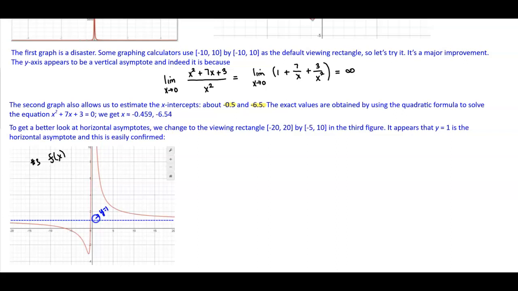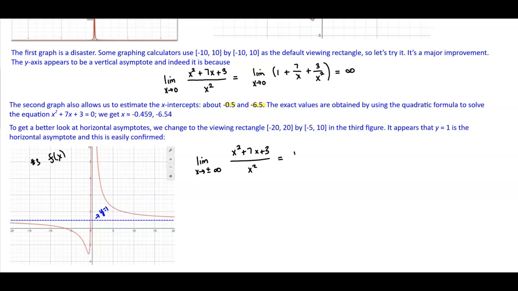Okay, so what we want to do now is confirm this by looking at the limit of this function. So if we take the limit and let x approach plus or minus infinity of the function x squared plus 7x plus 3 divided by x squared.